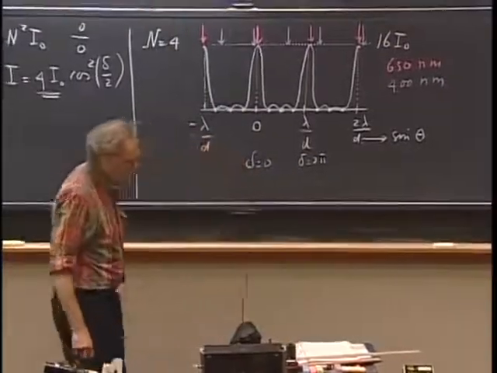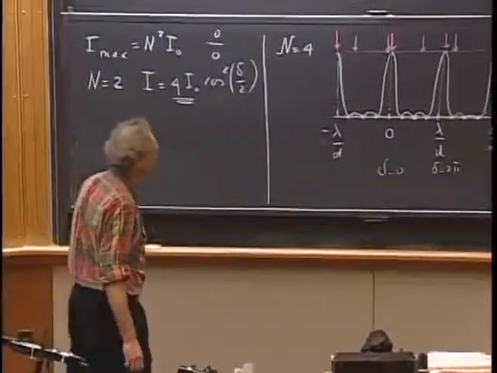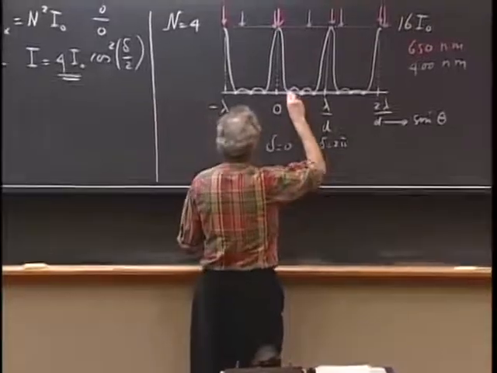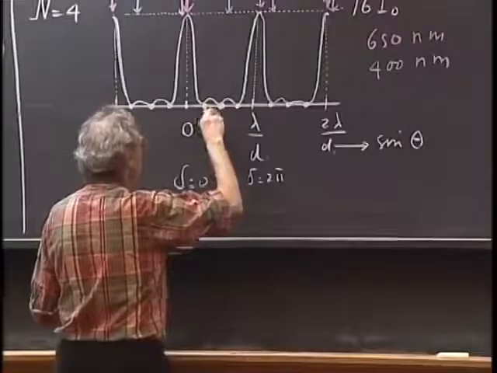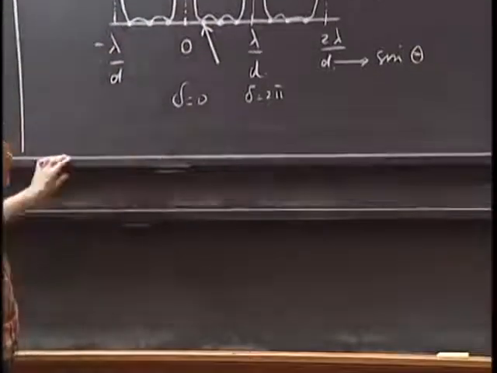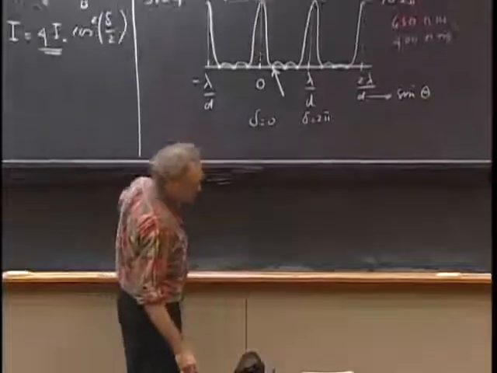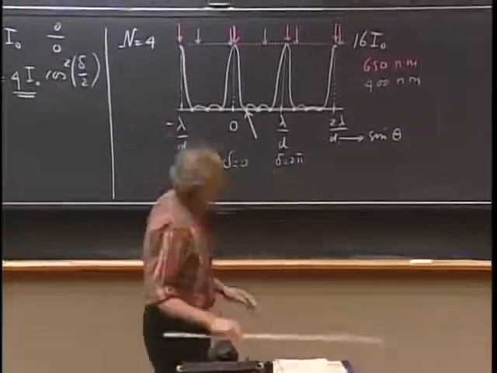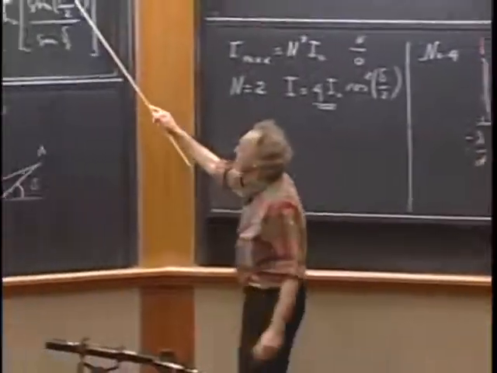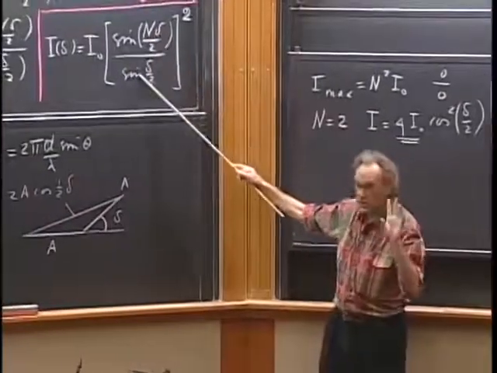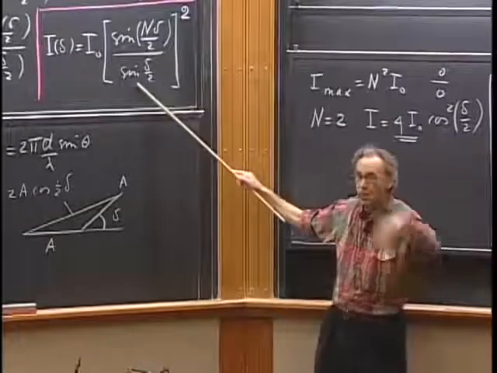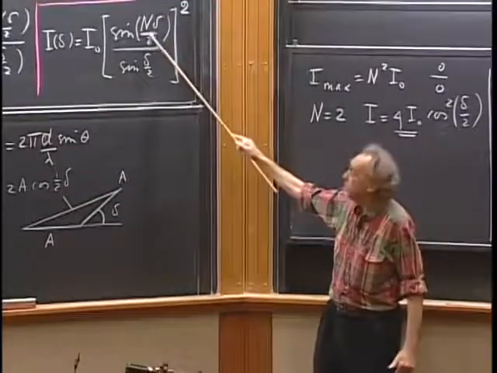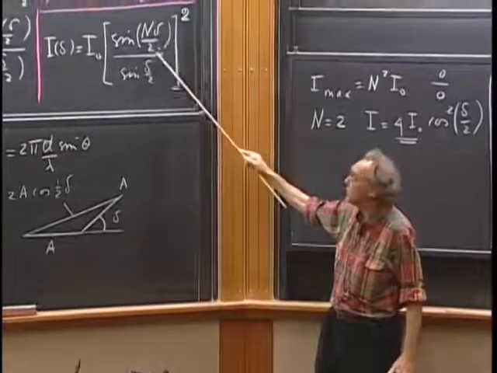Let's now address the issue of the n-1 zeros. I first want to calculate what the location is here where you have your first 0. Complete 0. Well, you would have your first 0 when the upstairs is 0, but the downstairs is not 0, because if they're both 0, you are at what we call a prime maximum. So what is the first time that this one becomes 0 when the downstairs is not 0?